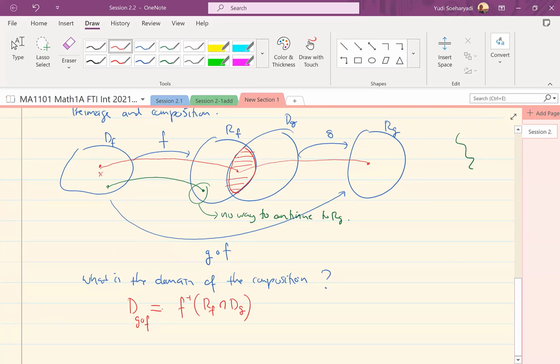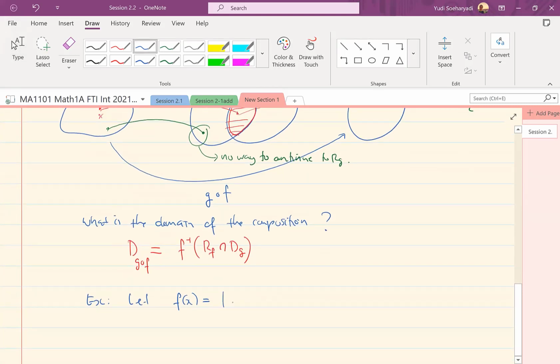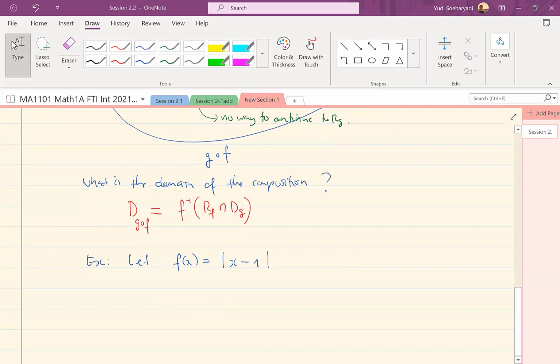Okay, so let's compute some example. Say square root.